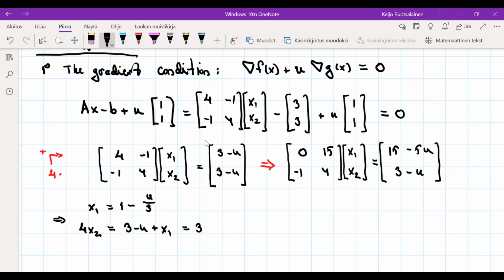So it is 3 minus u plus 1 minus u over 3. So it is 4 minus 4 over 3 times u.